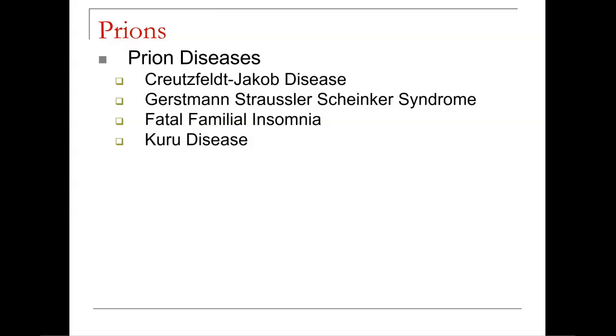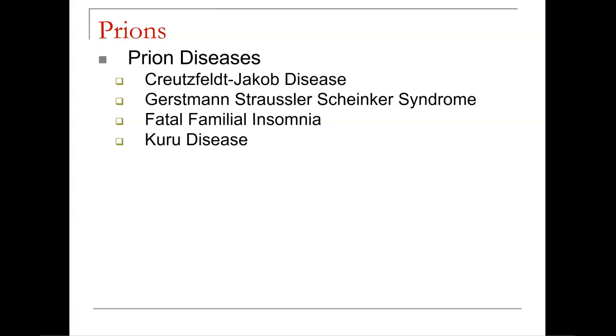Then it starts to accumulate in the brain, and that leads to cell damage and neurodegeneration. Some of the symptoms: you start out with gait and balance problems. Then you progress to cognitive decline, memory loss, dementia, movement disorders, and then psychiatric symptoms and sensory loss, and then it leads to death.